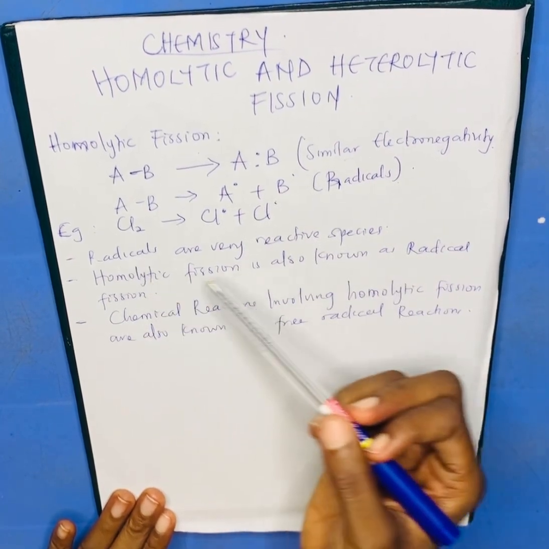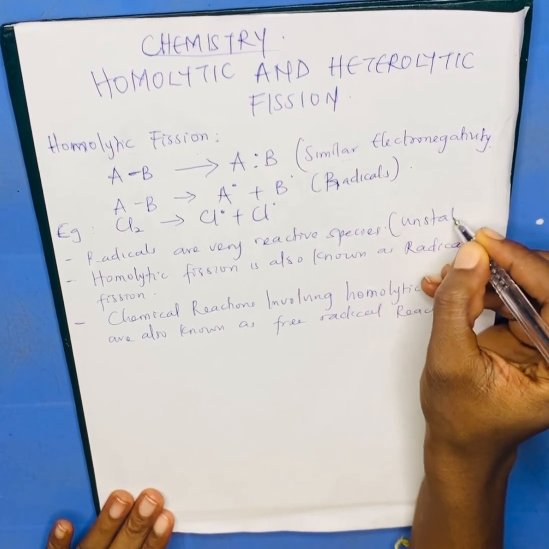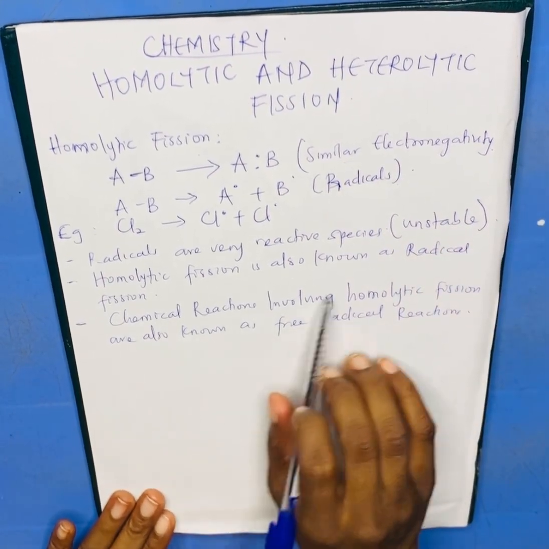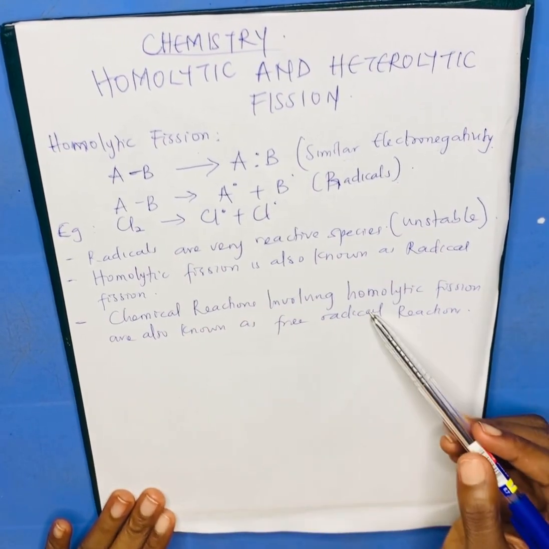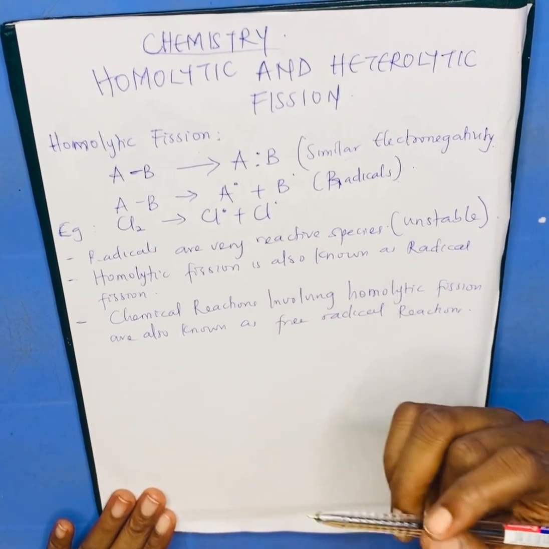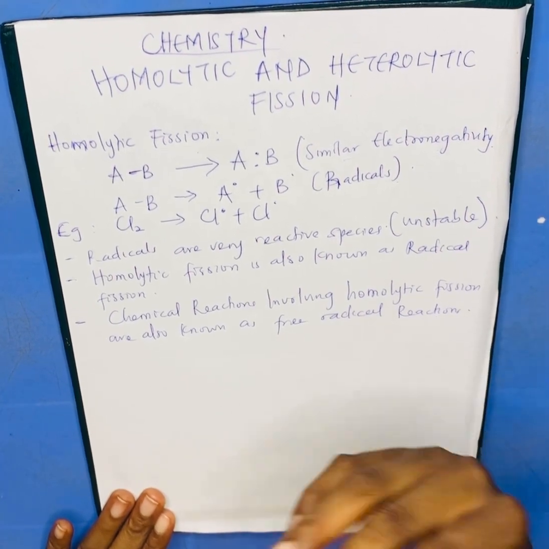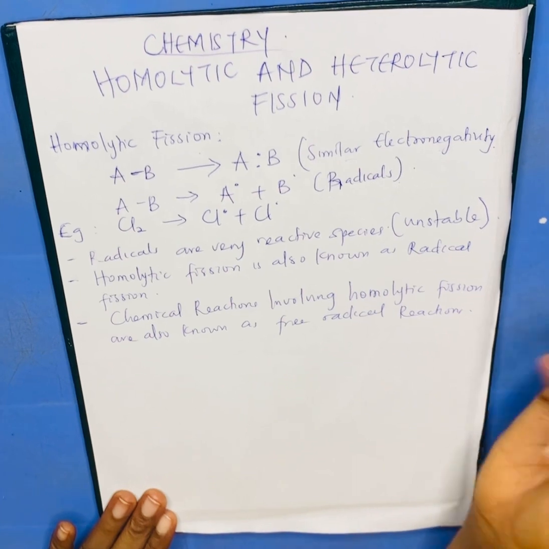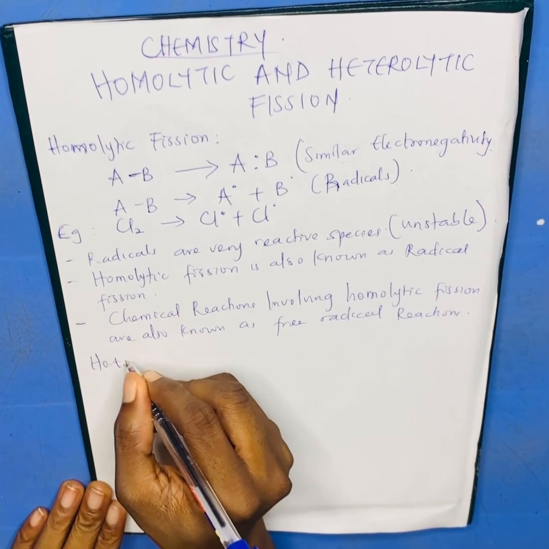Radicals are very reactive species and they are unstable. Homolytic fission is also known as radical fission, and any chemical reaction involving homolytic fission is known as a free radical reaction. This can be instigated or initiated by light, by different things. You understand? If it is instigated by light, then it is photolytic. All right. So we move to heterolytic fission.